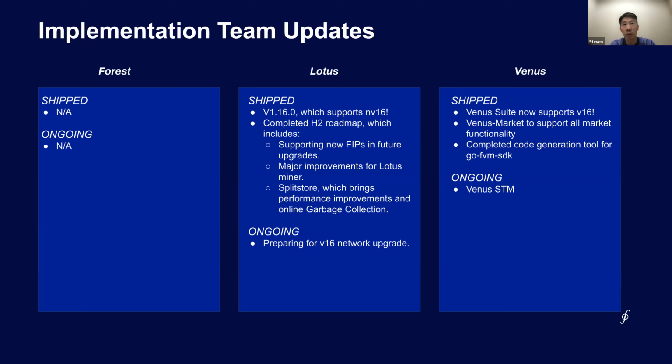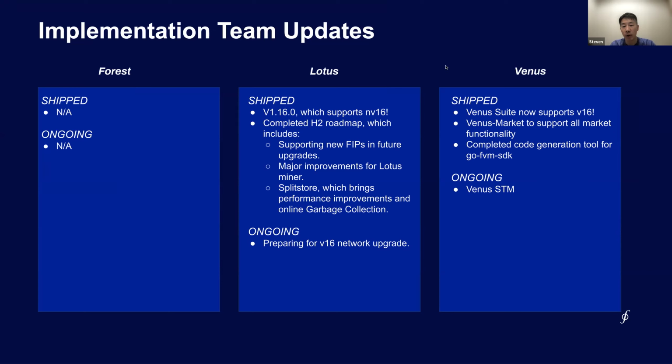The Venus version number is 1.6 actually to support network version 16. Now it is released, so the community can take that release to install and upgrade. This is one big thing we have been working on.